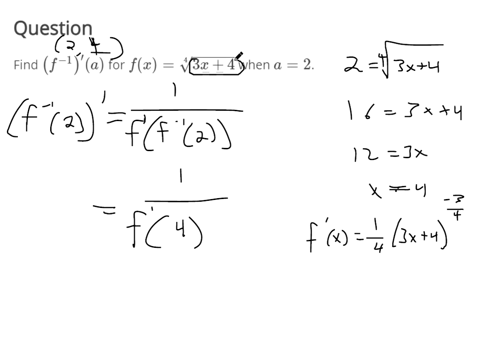Ignore the 4th root now and look inside. There's a function inside of it, so we need the chain rule. Got to multiply this by 3. So that's the derivative of the original function. So we're just supposed to plug in 4 into this.